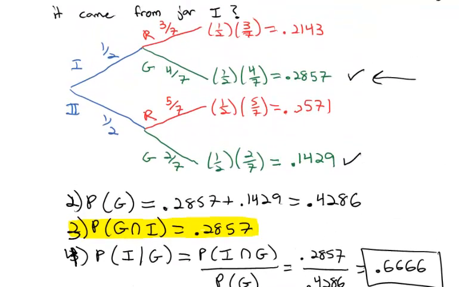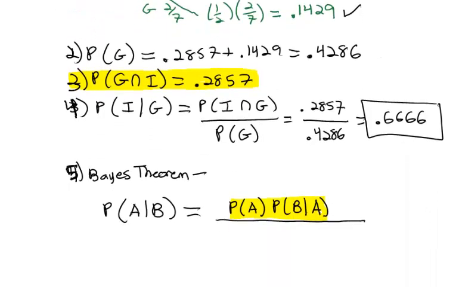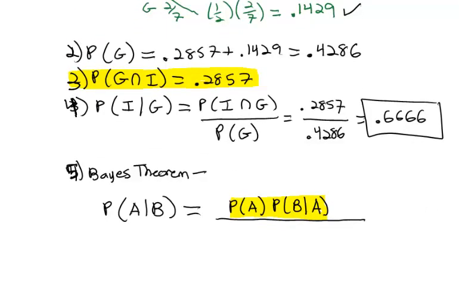We multiplied the probability of the first part times the probability of the second part. Then we divide by all the other probabilities that satisfy the condition. Essentially, we take the probability of A times the probability of B given A, plus the probability of something else, maybe C, times the probability of B given C, plus the probability of D, plus the probability of E, plus the probability of F times B given F, and so on and so forth.